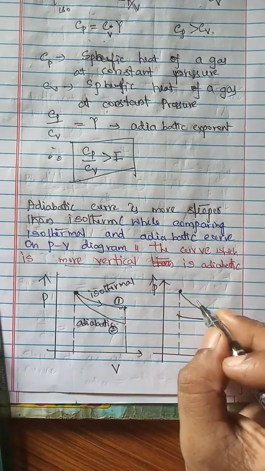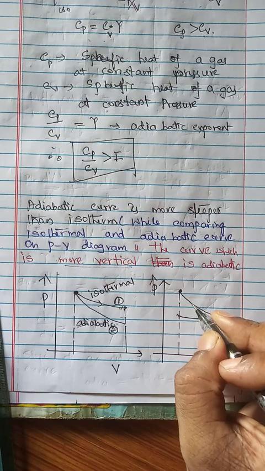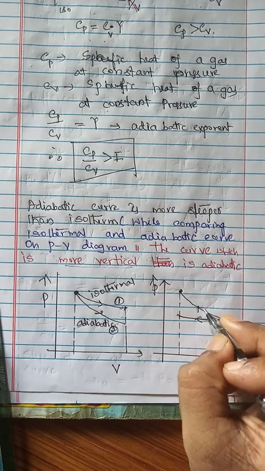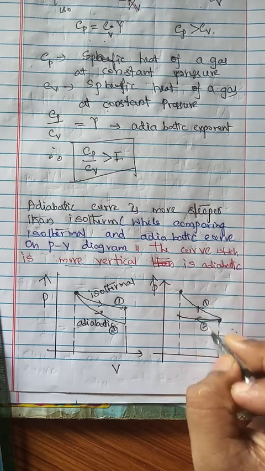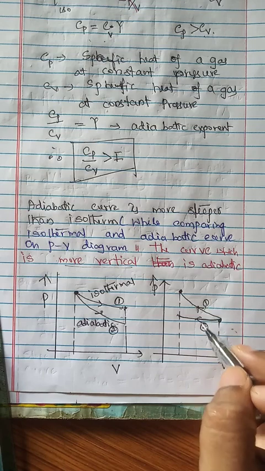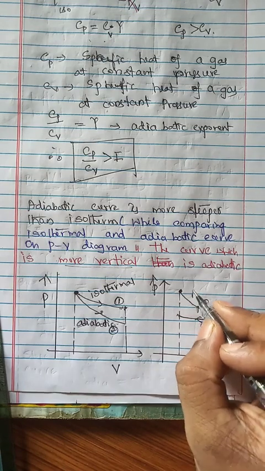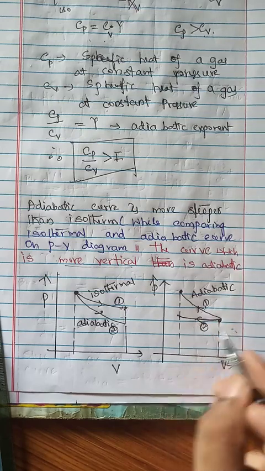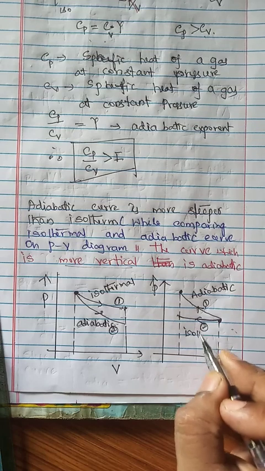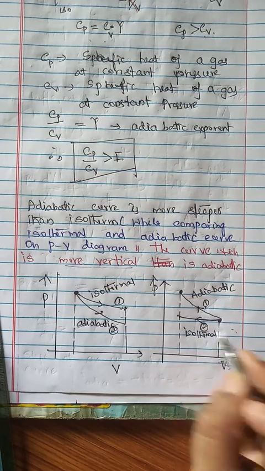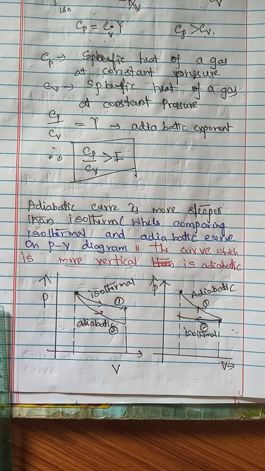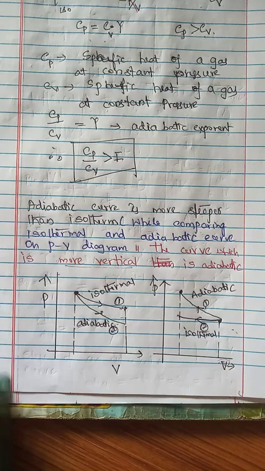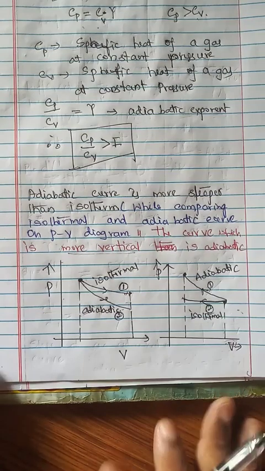See, there are arrow marks, very important, because it is a process, right? This is the first process, this is the second process. Curve 1 is more vertical when compared to curve 2. So the more vertical curve is adiabatic and the less vertical or more horizontal curve is isothermal. In that way we will differentiate, and later I will explain more. You can plot isothermal, adiabatic, isobaric, isochoric curves in the same graph, that I will tell you in future.